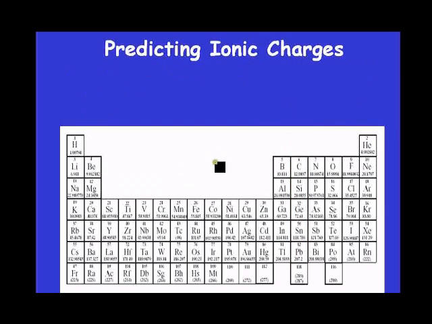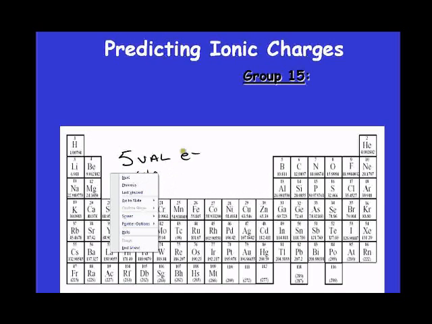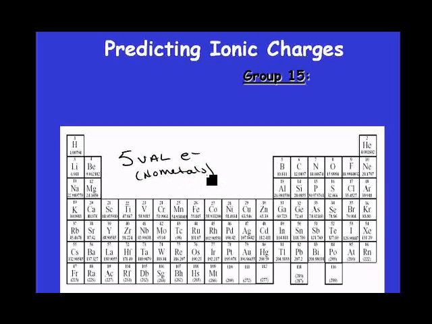Now, our group 5A or group 15 elements have 5 valence electrons, and they're nonmetals. This means that they're going to want to gain electrons, and they're going to want to gain 3 electrons. They're going to form negative 3 ions.